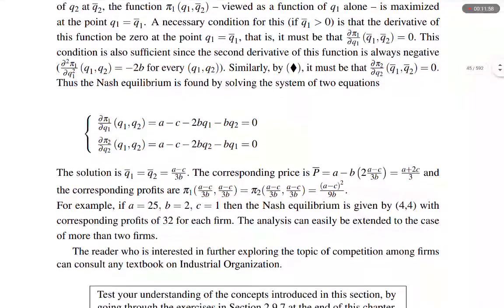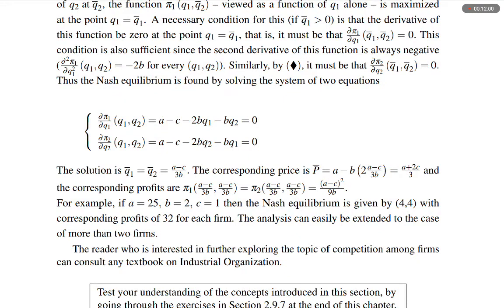A necessary condition for this, if Q̄₁ is greater than 0, is that the derivative of this function be 0 at the point q₁ = Q̄₁.